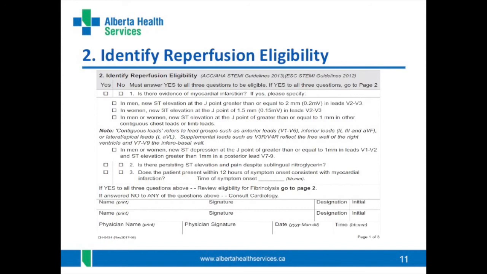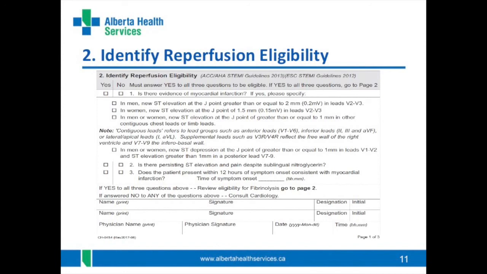In a male, it's ST elevation greater than or equal to 2 millimeters in V2 to V3, or in women ST elevation of 1.5 millimeters in V2 or V3. Otherwise, in men or women, new ST elevation of greater than or equal to 1 millimeter in all other leads. Those have to be contiguous leads, as outlined in the descriptor below.